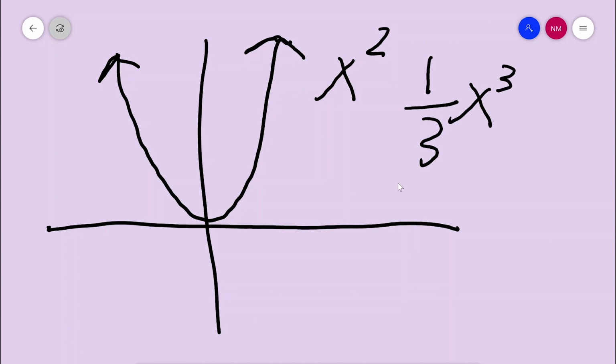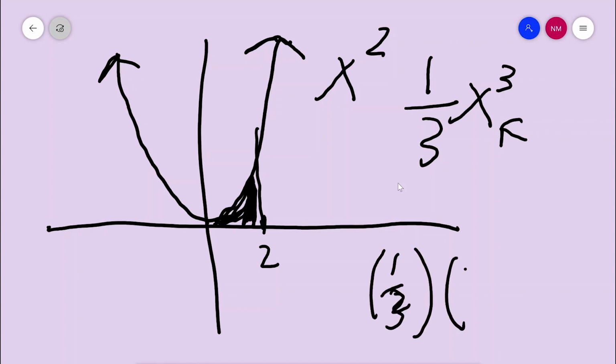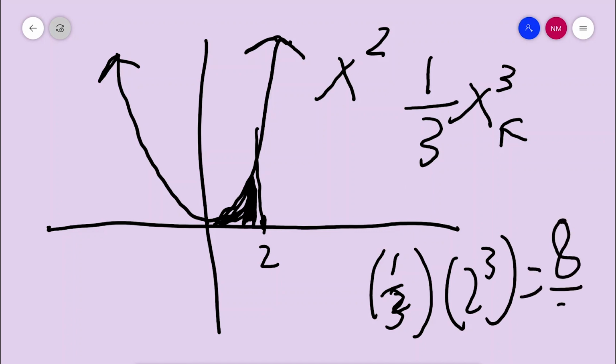And let's say I want to find the area from here to here. So now to do that, I would just plug 2 into this equation right here, 1/3 times 2 cubed. And using that, I found out that the area under the curve of x squared from 0 to 2 is 8/3.